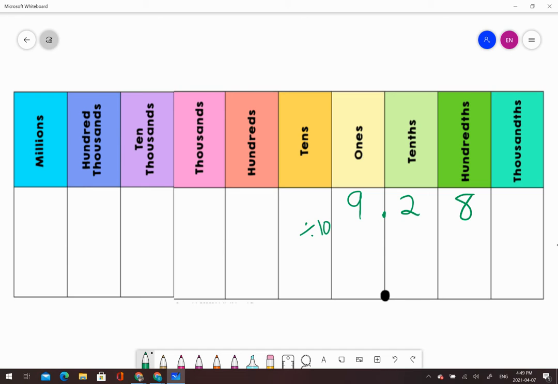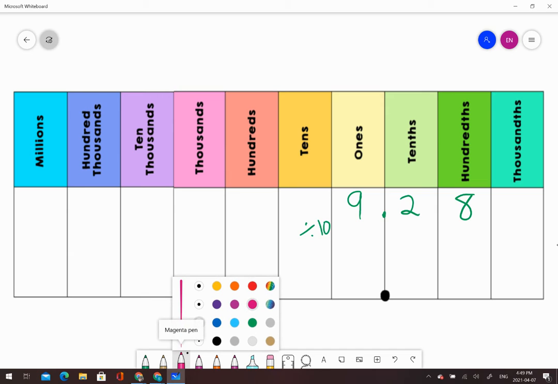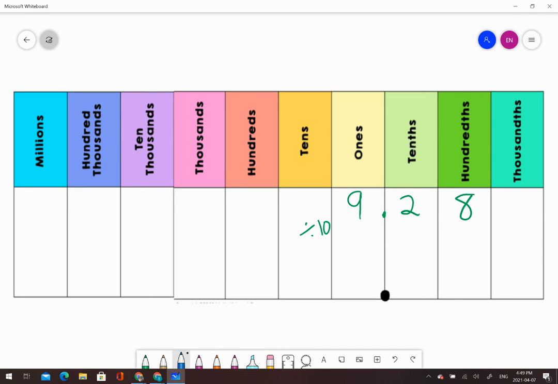So this 8 is going to move from my hundredths into my thousandths column. My 2 is going to move from my tenths into my hundredths. And my 9 is going to move from my ones into my tenths. My decimal is going to stay in the same spot.